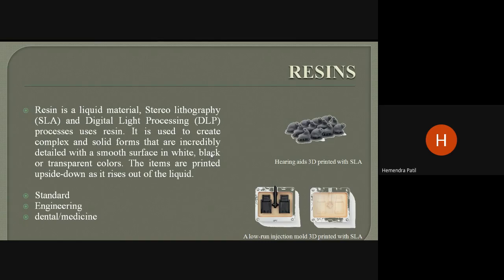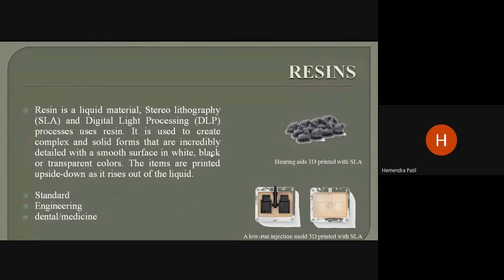Standard resins are used for general prototyping. They produce high stiffness and high resolution prints with a smooth, injection molding-like finish. Their low cost makes them ideal for prototyping applications.